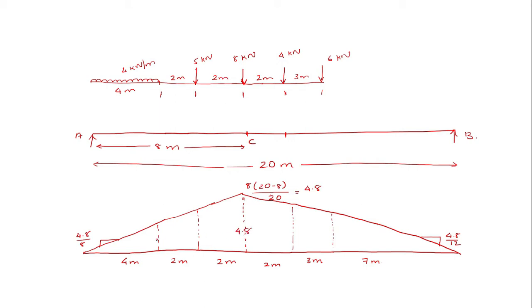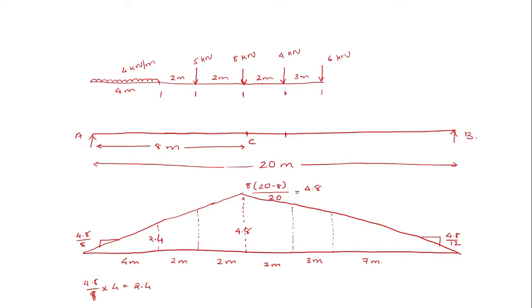Now in order to get the ordinates, simply multiply the corresponding slope and the distance from this corner. So 4.8 divided by 8 into 4, just write it down here. That corresponding value will be the ordinate here. So that will be equal to 2.4.